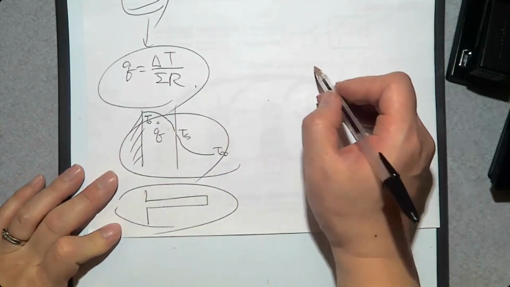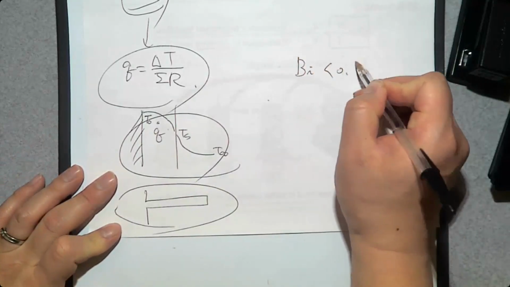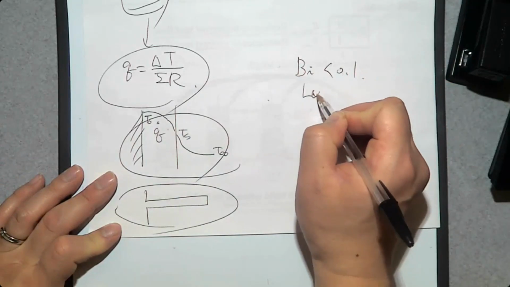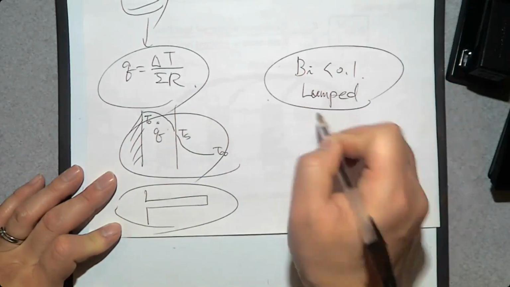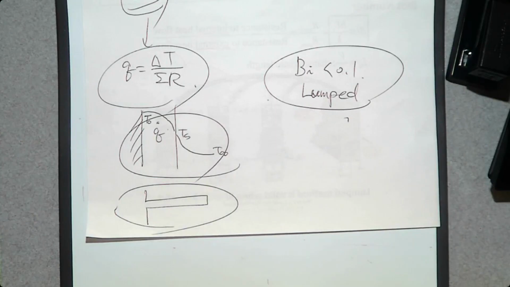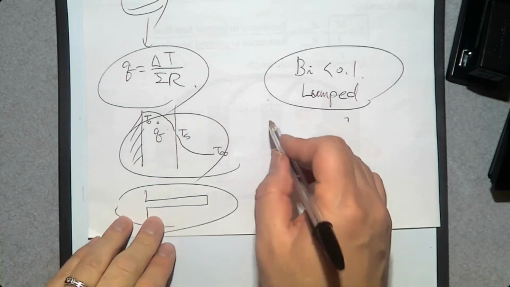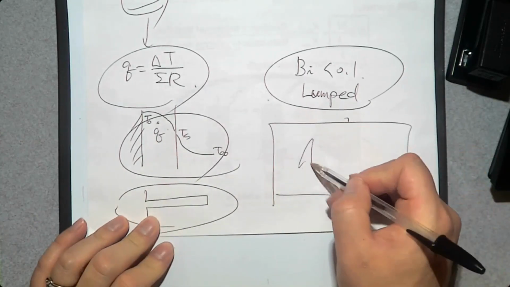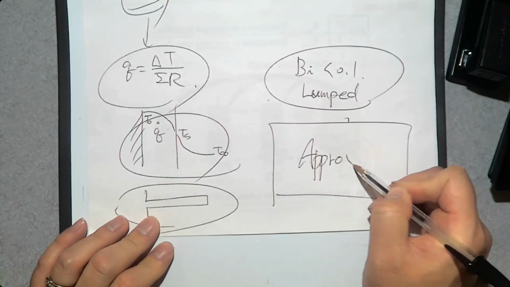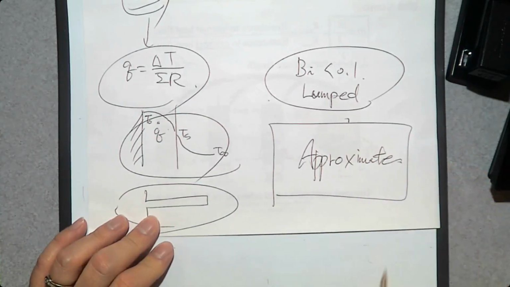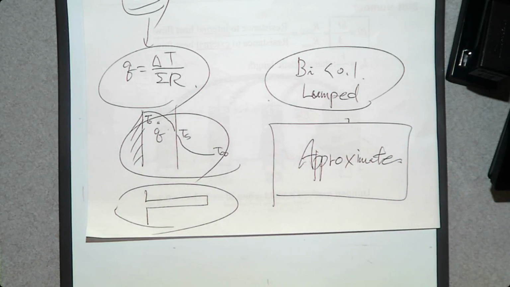Fourth item is going to be when Biot number is less than 1, lumped system. So you already studied 4 items out of 5. So the last one is going to be the approximate solution. So you will see 3 or 4 problems among them in your second exam.